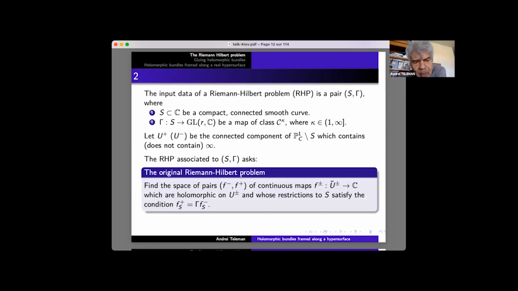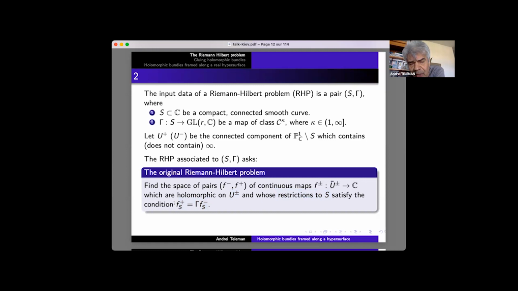Okay, so the Riemann Hilbert problem associated to our pair (S, gamma) is the following, very natural. Find the space of all pairs (F minus, F plus) consisting of continuous maps, F plus on the closure of U plus and F minus on the closure of U minus, which are holomorphic on the interiors and whose restrictions to S are related by gamma.